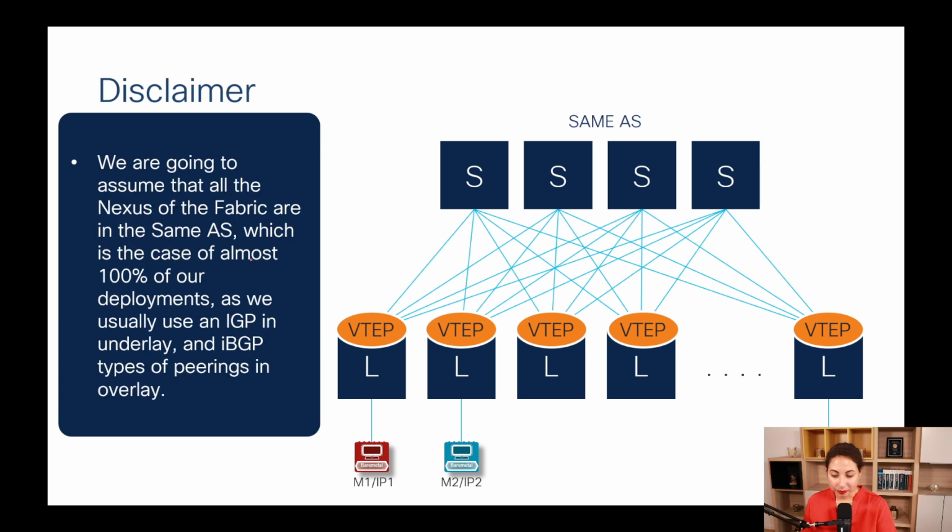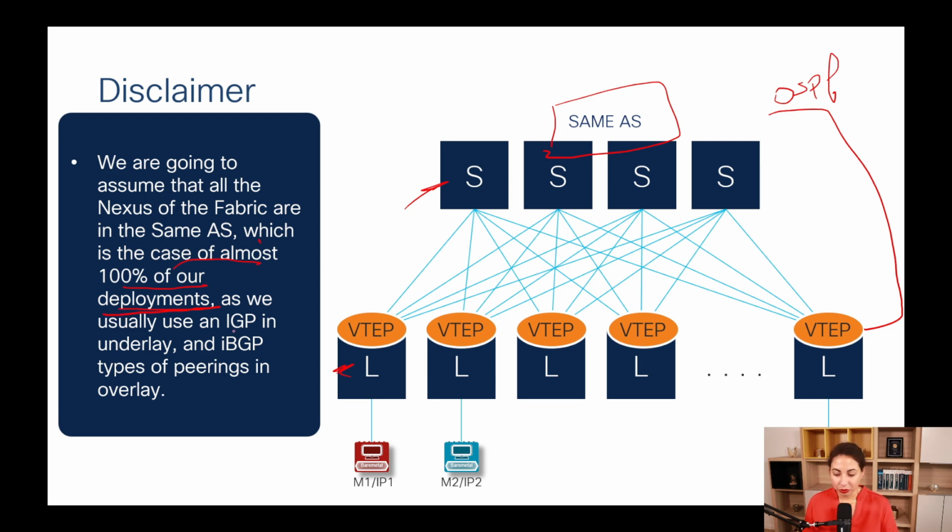Just before this, I want to make a disclaimer. As I have mentioned, here we will be considering that we have OSPF as the underlay and all the Nexus devices in the same AS. And this assumption is, by the way, the case for almost 100% of deployments of Cisco VXLAN, L2VPN, EVPN fabrics.